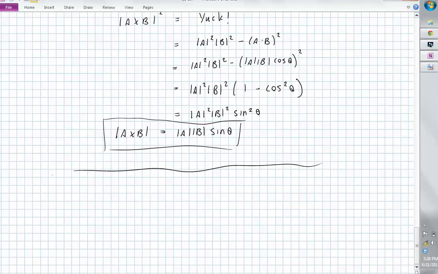Just like in Calc 2, where we chopped the interval into little pieces and summed them, we're going to chop the surface into infinitesimal pieces and add up all these little surface areas. In Calc 2 we had little subintervals; in Calc 3, we're going to have little infinitesimal parallelograms. And the cross product is a really quick way of computing the area of a parallelogram. So let me talk about that.